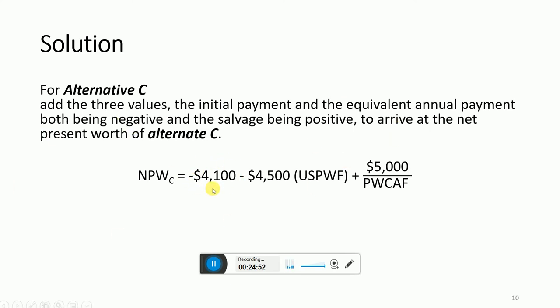This 4,100 is that which we have to pay initially. This is 4,000, sorry, this is not 4,100, this is 4,000 which we have to use in the beginning.